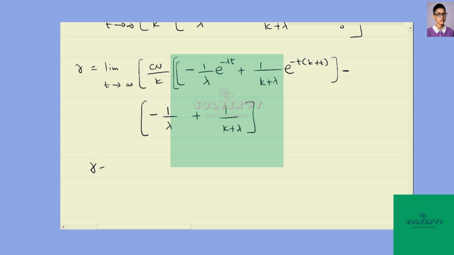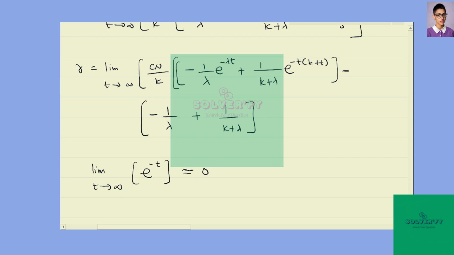Now let's evaluate them using the limit. The limit as t approaches infinity of anything that is related to the negative of t is 0.